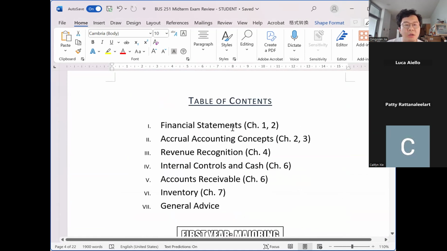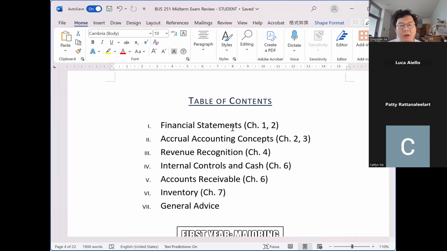Today, we're gonna talk about some basics about financial statements from chapter one and chapter two, and I will cover some of the concepts about accrual accounting for chapter two and chapter three, and then we will do revenue recognition.